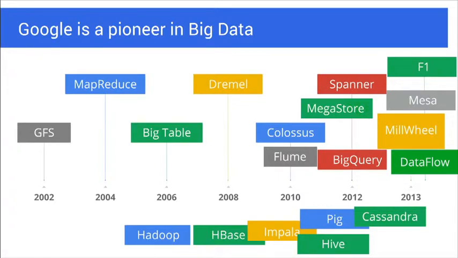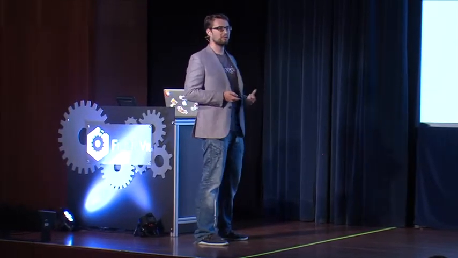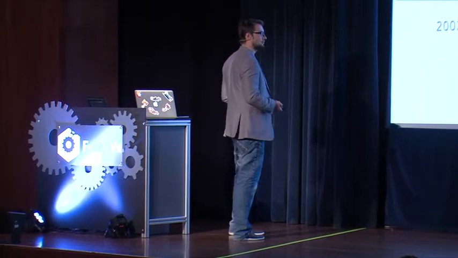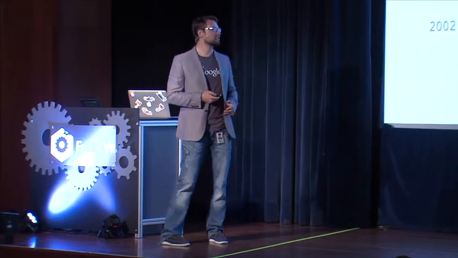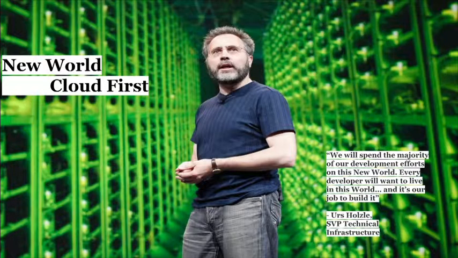And it takes a couple of years for things that are at Google to make it out to the open source community, to become available to you folks to use. It could be 5 years, it could be 10 years. Well, that's changing because in January, our CTO of Google announced that everything that Google builds is going to be built on the Google Cloud Platform.